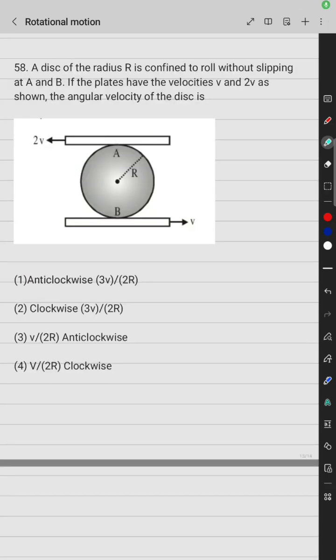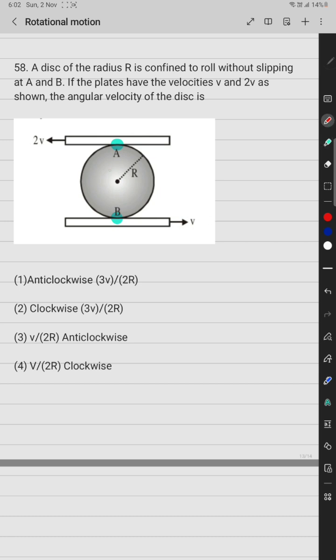Next problem, we know that there are two planks and both are moving in opposite directions with speeds 2v and v. If there is no slipping, it means the point just touching the upper plank has velocity 2v, and on the lower plank it is v, 2v in the left hand side and v in the right hand side.